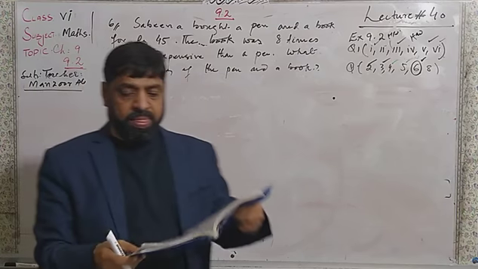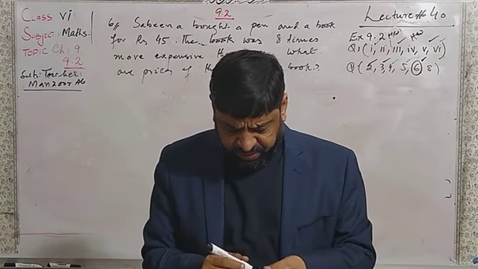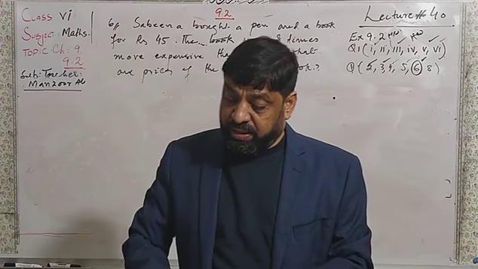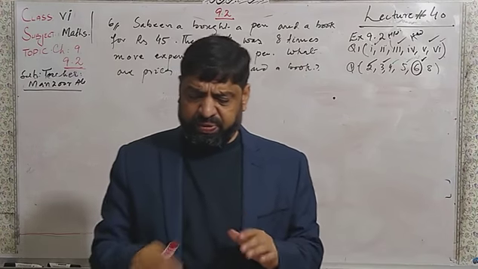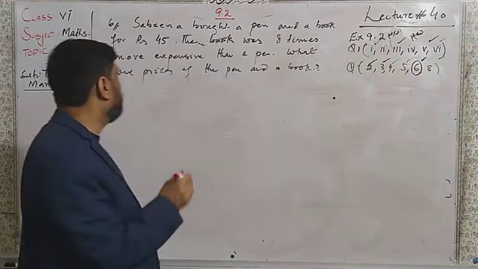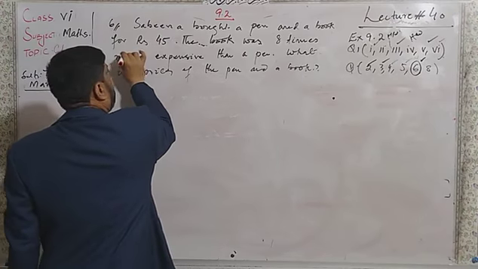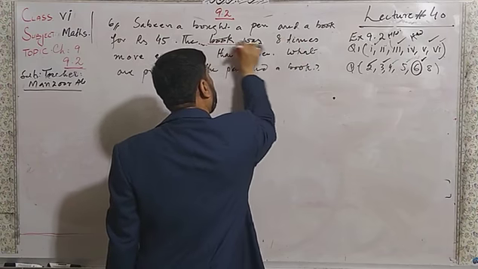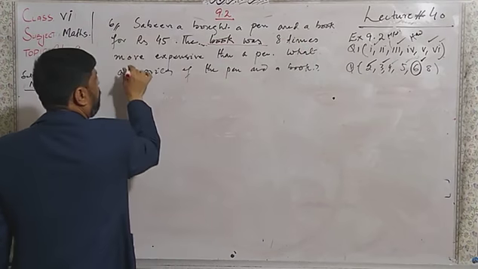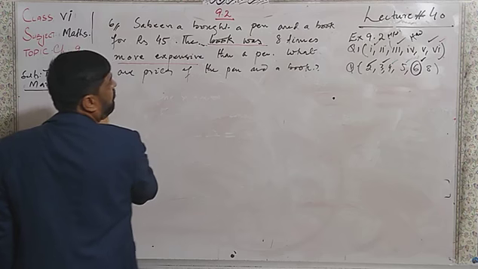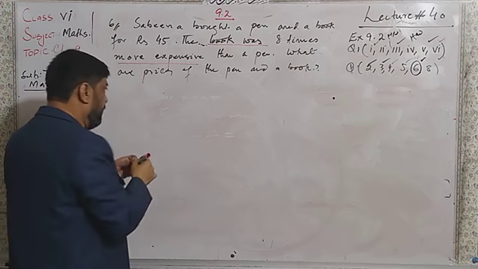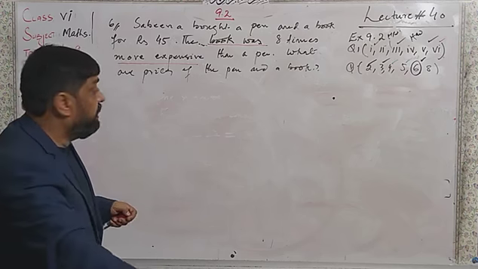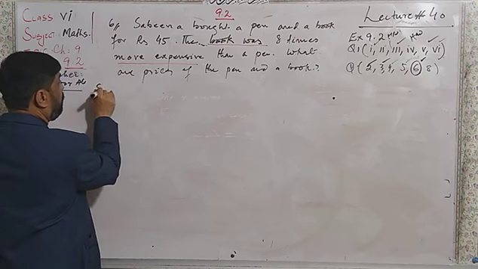Now, first of all, we have to study the statement. The statement must be read very carefully. Now suppose here the price of the book was 8 times more. First, I will write the solution.